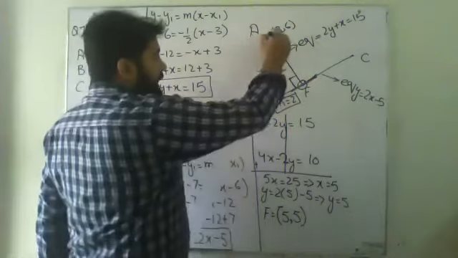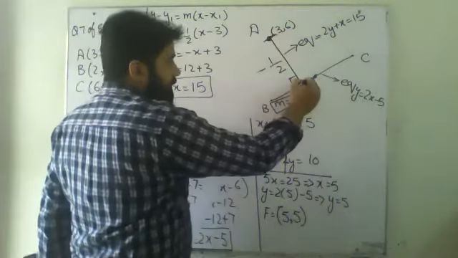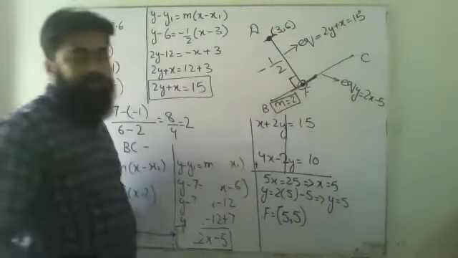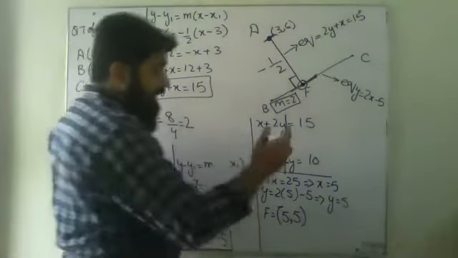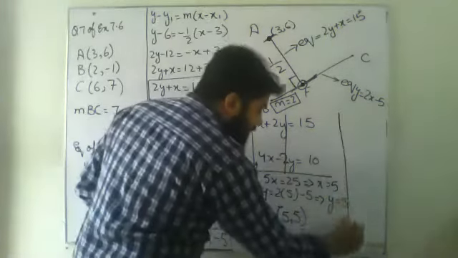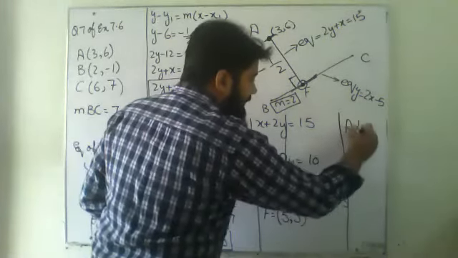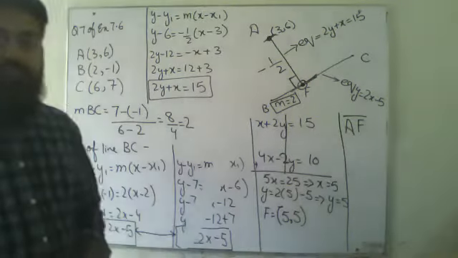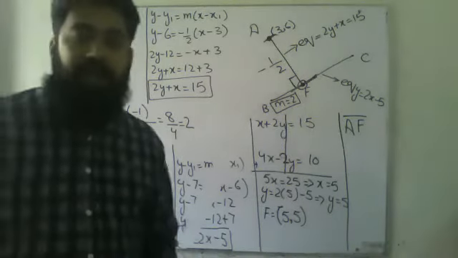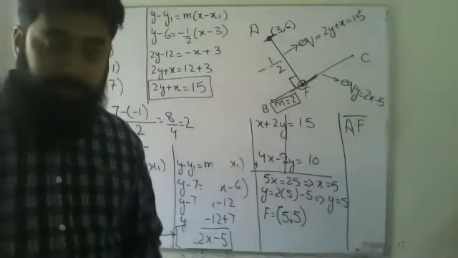Okay, so I have got this coordinate and I have got the F coordinate also. So what will I do? I have to find the value of AF. If I find the value of AF, I will have the perpendicular distance.